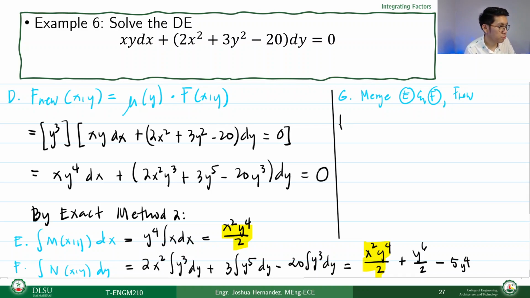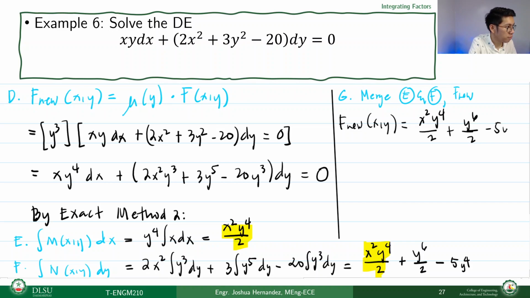So our F new of x, y is x squared y to the fourth all over 2 plus y to the 6 all over 2 minus 5y raised to 4.